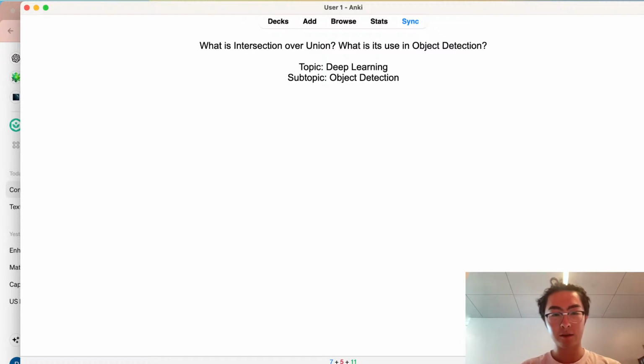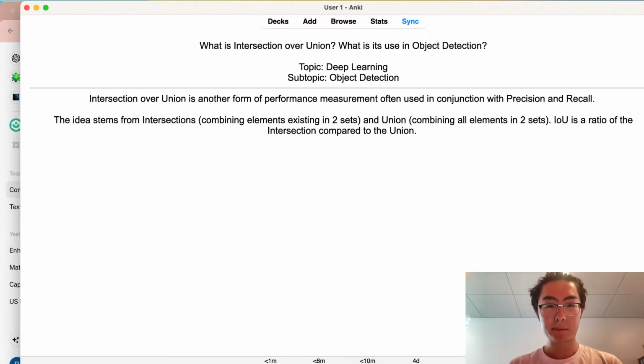And if there's a lot of overlap, that means your intersection over union is really high. If there's little overlap, that means your intersection over union is really low. Yeah, mathematically, anyways.